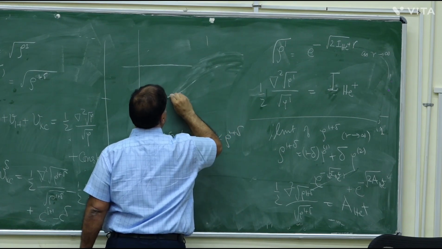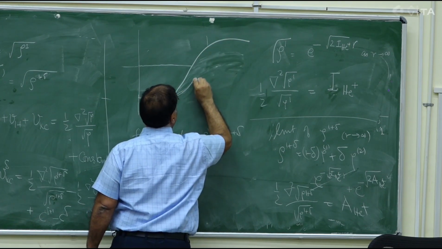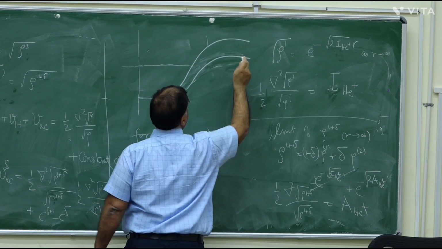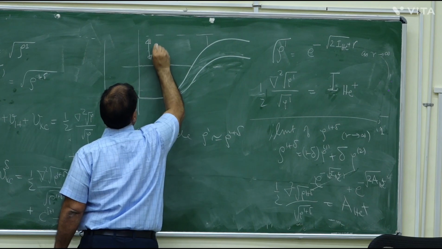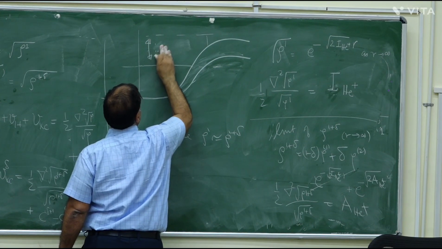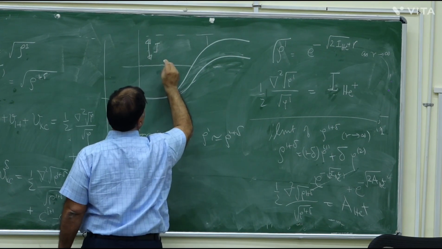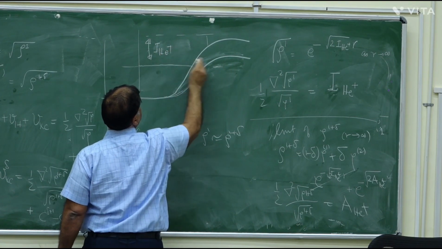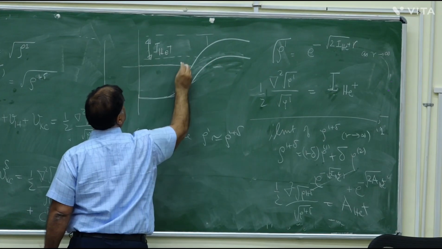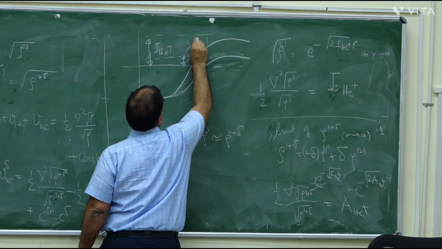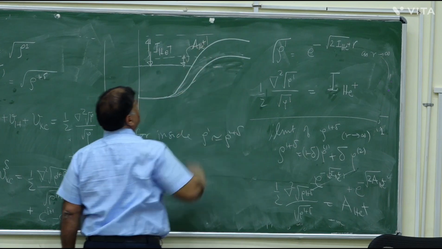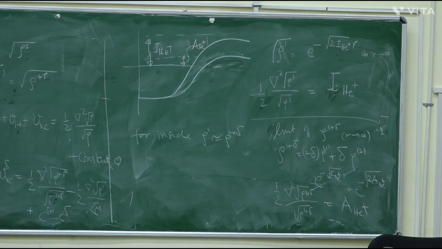Now let's make it. This constant is I helium plus, this constant is A helium plus. Agreed? I've just written the del square terms.